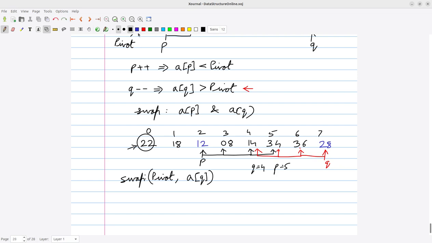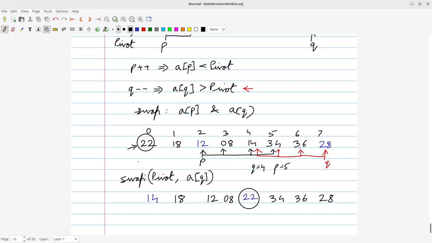with the location where we have the pivot element. We have the pivot element at index 0, so this will become 14, and at index 4 we will have 22. The rest of the array elements remain unchanged, so this is 18, 12, 0, 8, and towards the right we have 34, 36 and 28, and the position of 22 is now fixed.